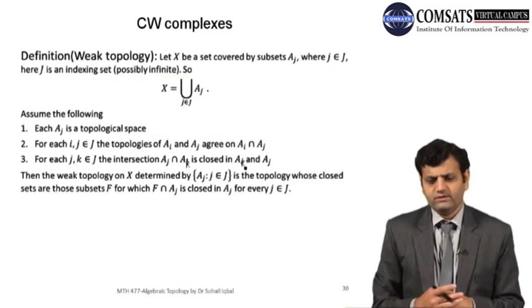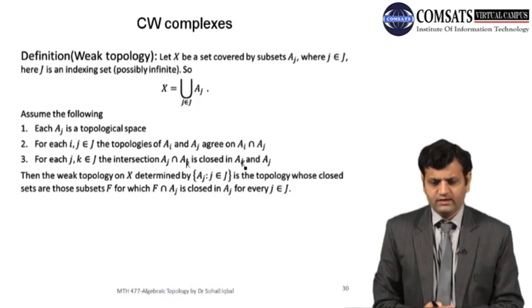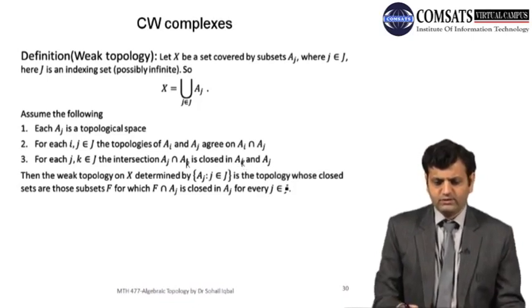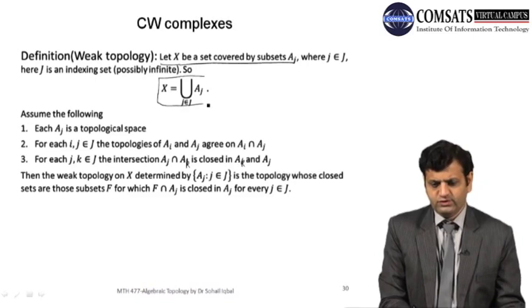Before starting with the formal and precise definition of CW complexes, we will need some machinery from topology again. We are going to define the weak topology. How do we define a weak topology on a space X? Assume that the space X is covered by the subsets A_i, that is X is equal to the union of these sets, such that these A_i satisfy the following conditions.